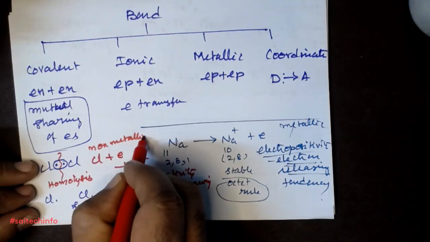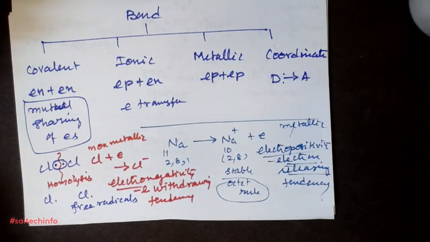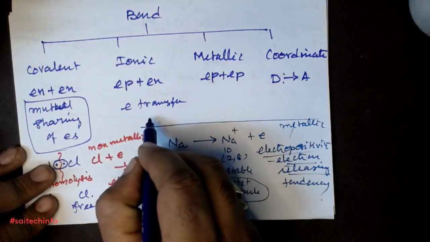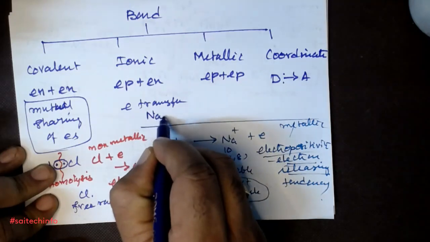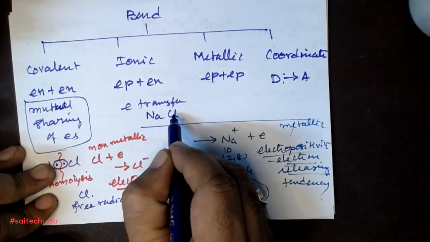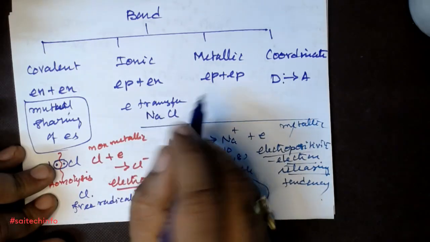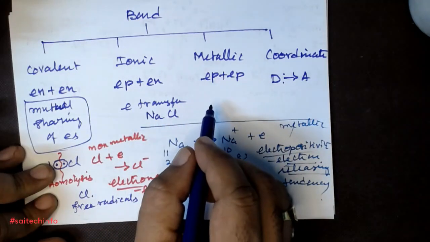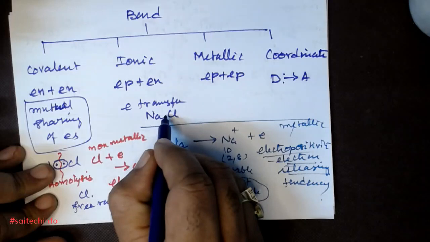That is why non-metals behave in this way, and why a metal and a non-metal can combine to form a compound. For example, sodium and chlorine. Sodium is a metal, chlorine is a non-metal. So they can form NaCl. Here they share, but during ionization they split, that is, heterolysis takes place.